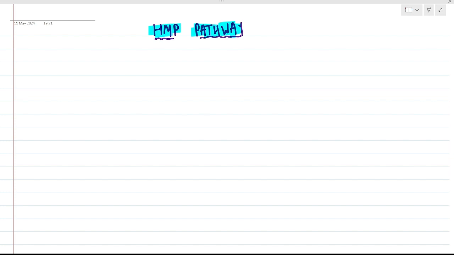First is hexose monophosphate: hexose, 6 carbon, monophosphate, single phosphate. Hexose monophosphate pathway. The other names we need to know here: it's also called the pentose phosphate pathway.